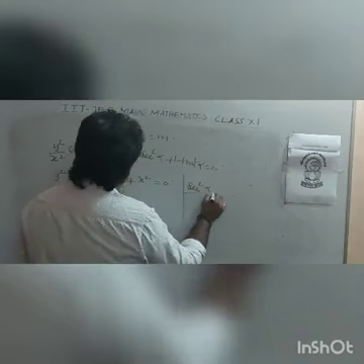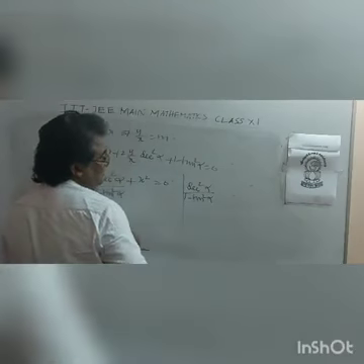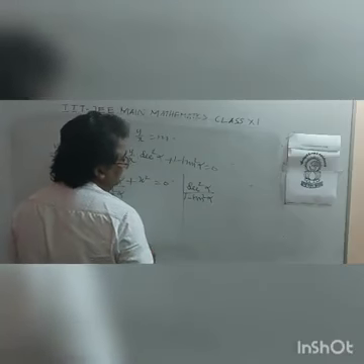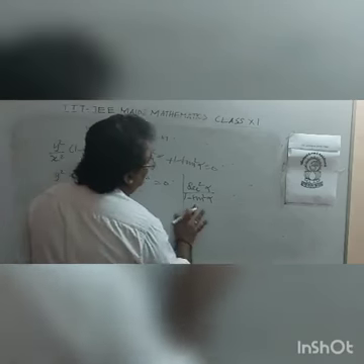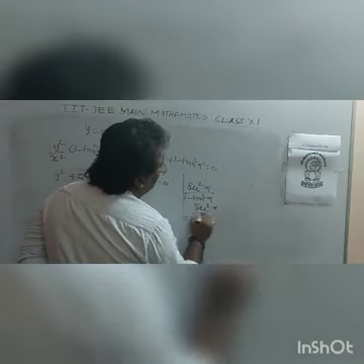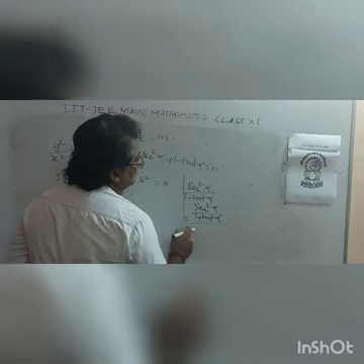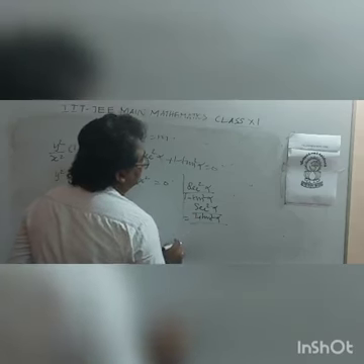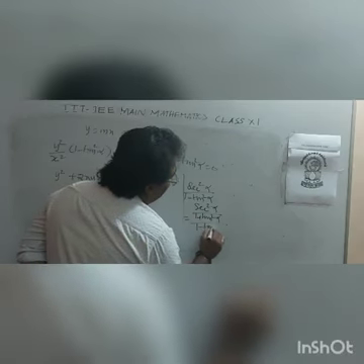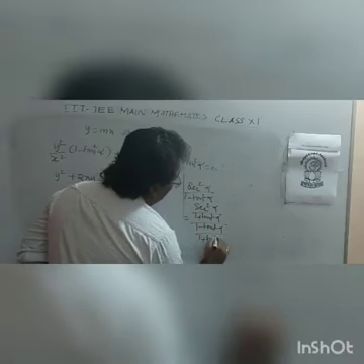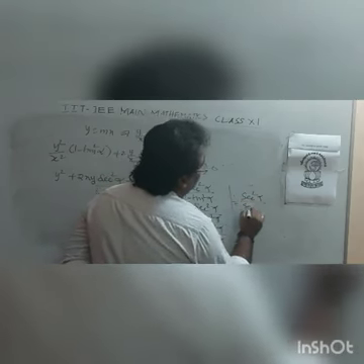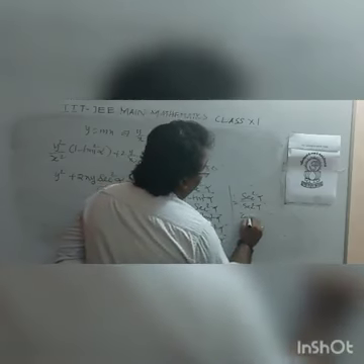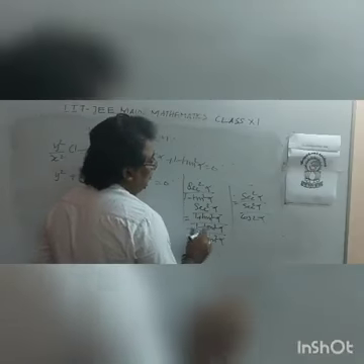So secant squared alpha by 1 minus tan square alpha equals secant square alpha divided by 1 minus tan square alpha by 1 plus tan square alpha. 1 plus tan square means secant squared alpha, so this is nothing but 1 minus tan square by 1 plus tan square, which is cos 2 alpha.